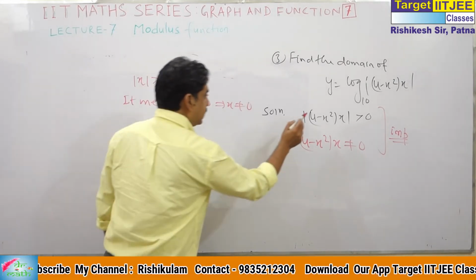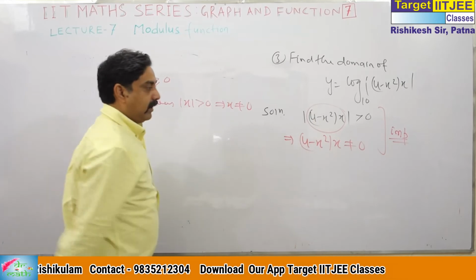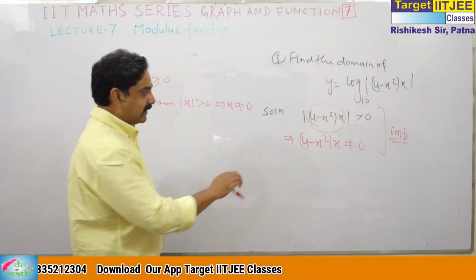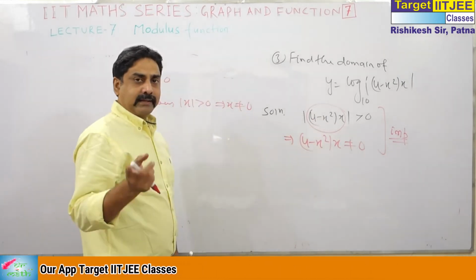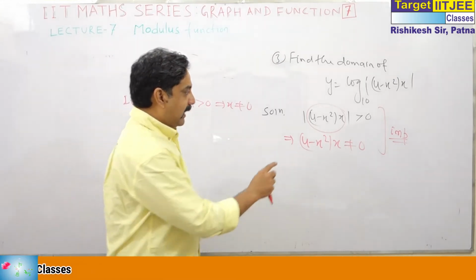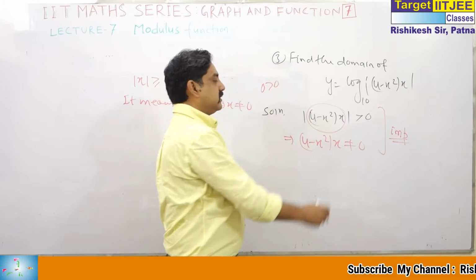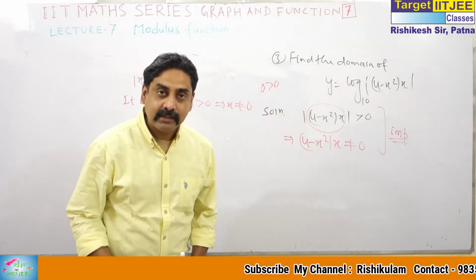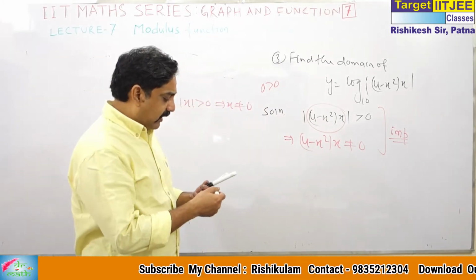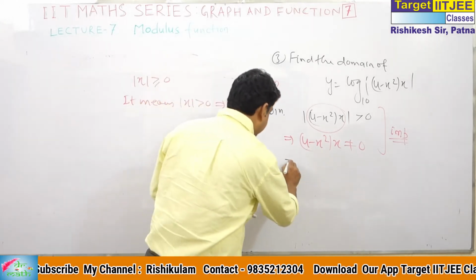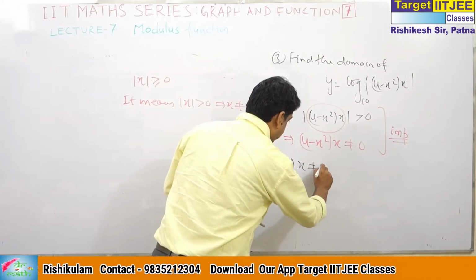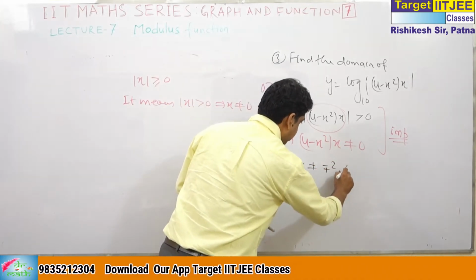Why? If this is negative, its modulus value is positive. If this is positive, then this is positive. What doesn't happen? Actually, this cannot be 0 because 0 greater than 0 is incorrect. So we get conditions from here: x not equal to plus minus 2 and 0.